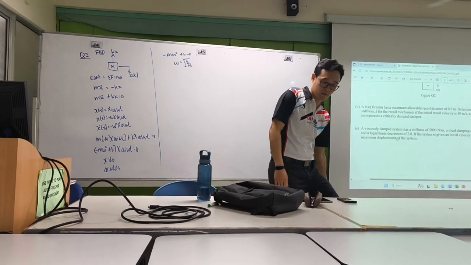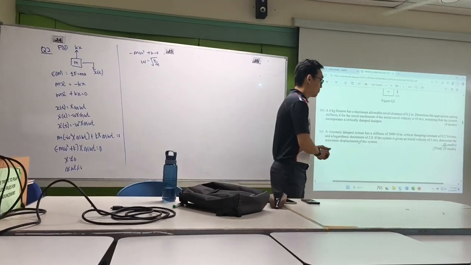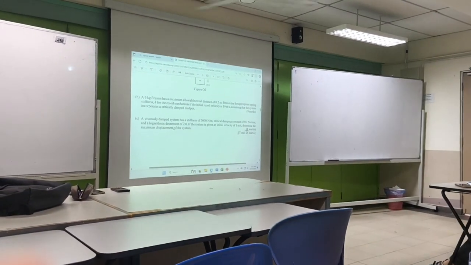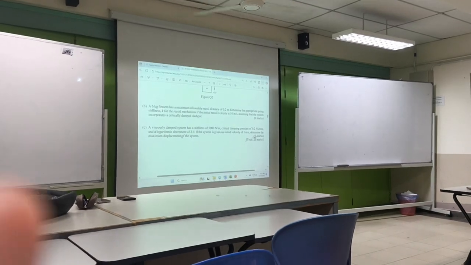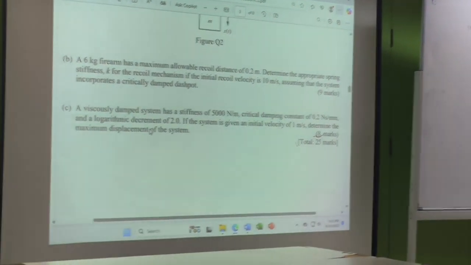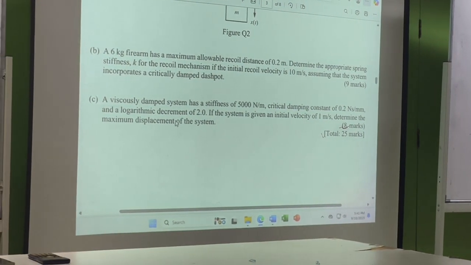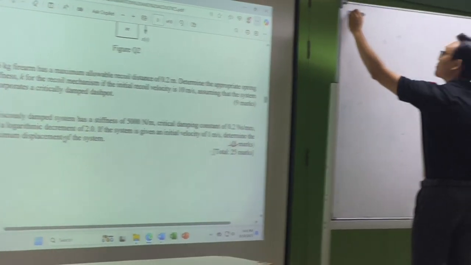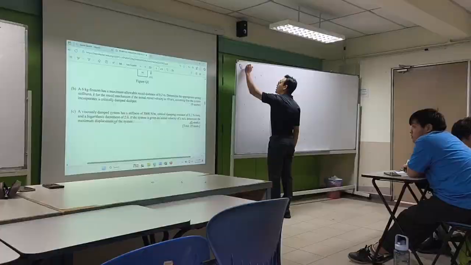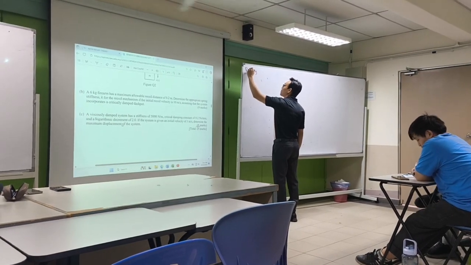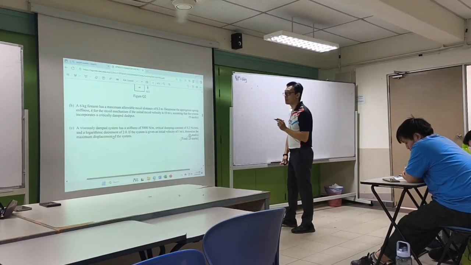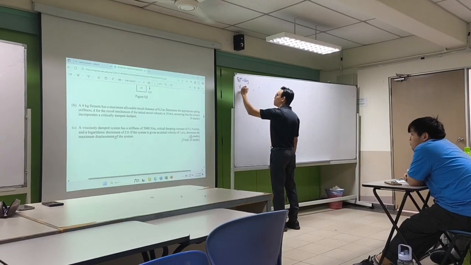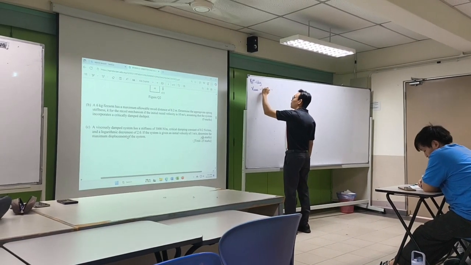Okay, part B. The 6 kg firearm has a maximum allowable recoil distance of 0.2 meter.